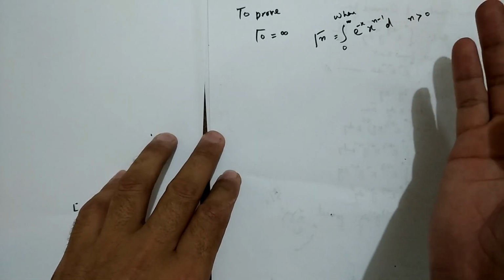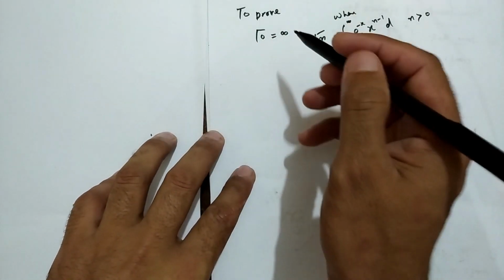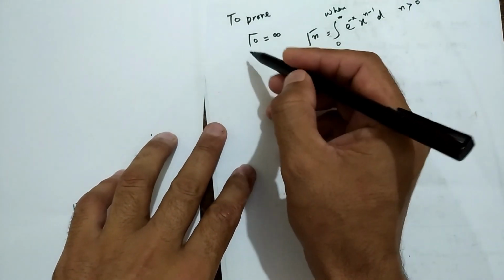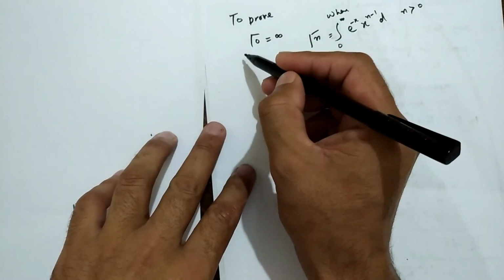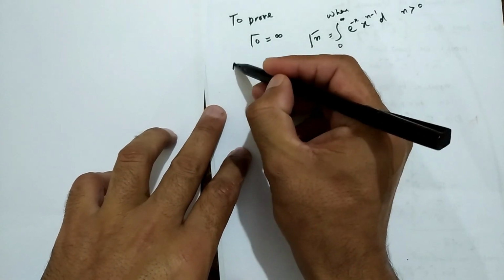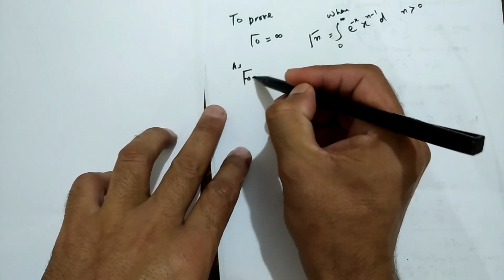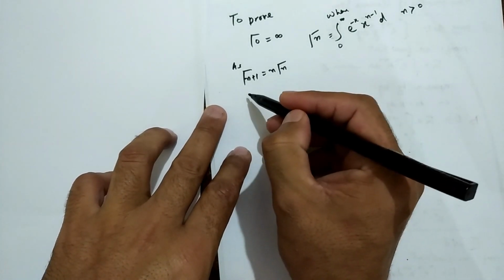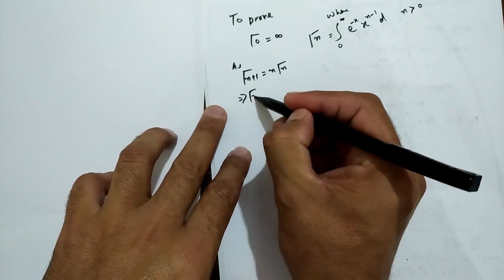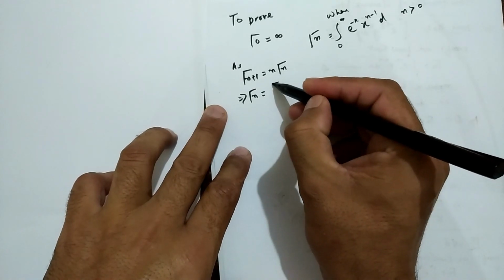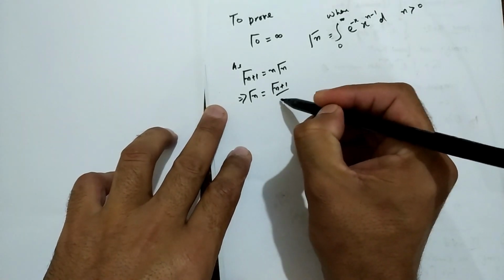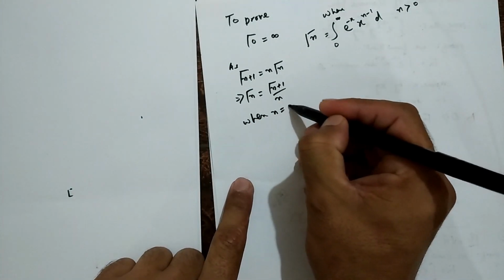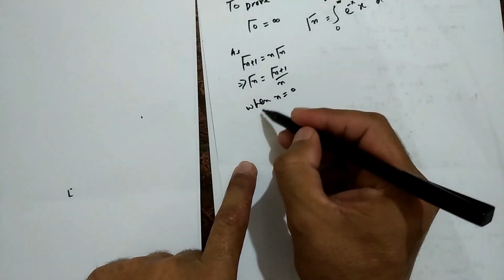So what happens when n is 0 or negative? Let's start from 0. By the properties of gamma function, we studied that gamma n plus 1 is equal to n times gamma n, or we can also write it as gamma n is equal to gamma n plus 1 upon n. So when n is equal to 0, what happens?